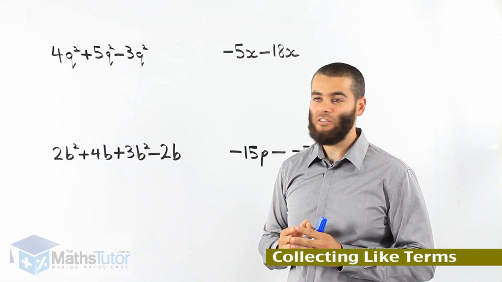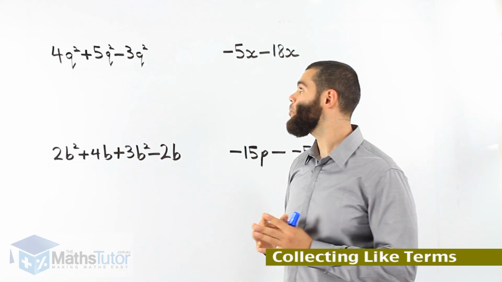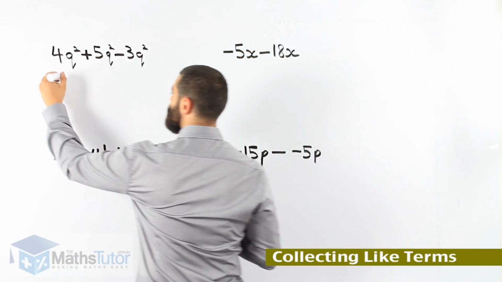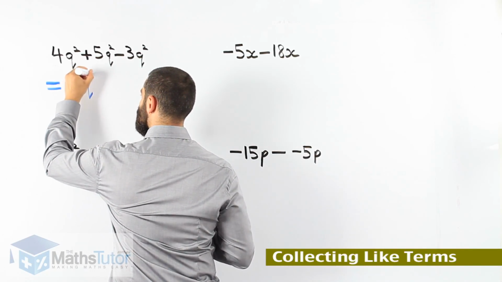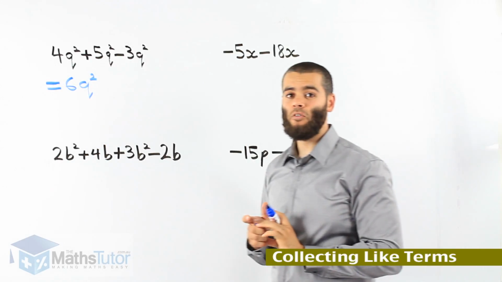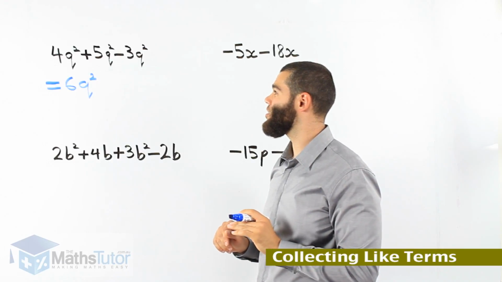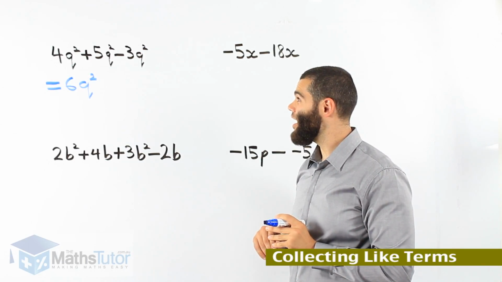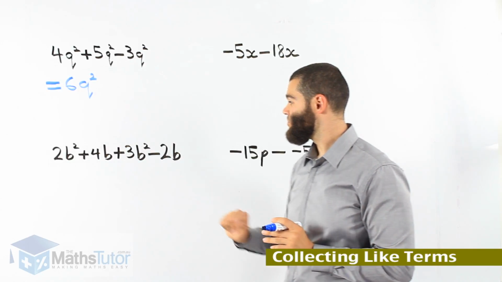We can collect like terms. 4q squared plus 5q squared. 4 plus 5 is 9. 9 take away 3, 6q squared. Very important not to forget the squared. We have to write the pronumeral the same way it appears in the question. So 4q squared plus 5q squared is 9. 9 take away 3, 6q squared.